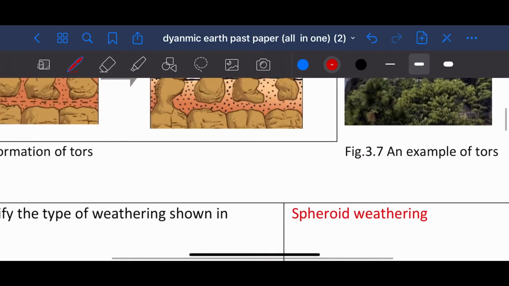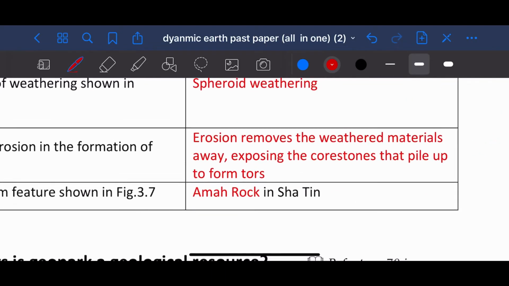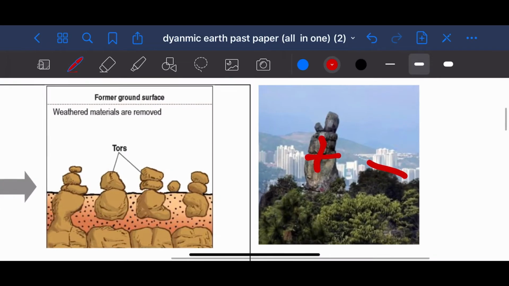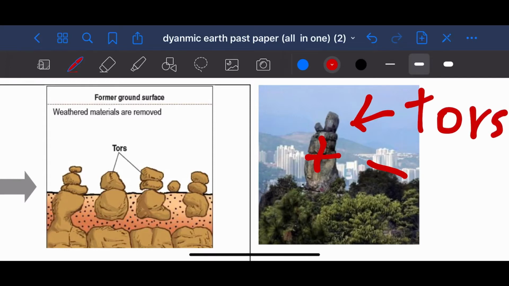And then finally the erosion will take place, and it will erode all the weathered material away, exposing the core stone that piles up as tors. And you can see there's a lot of tors right here, and they make up a lot of core stone.